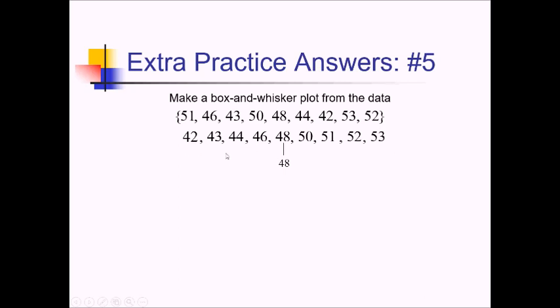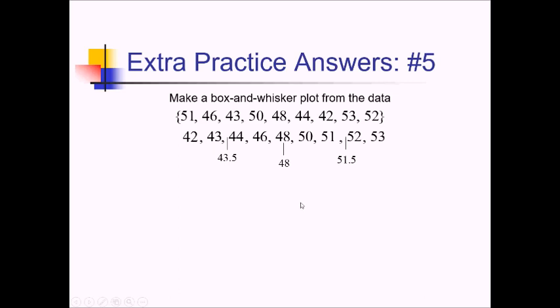That's going to rely on these middle 2 numbers, 43 and 44. Since there are 2 numbers, to get the median we have to take the mean of the 2 numbers. So that's 43.5. We'll do the same thing over here on the right. We have these 2 middle numbers, 51 and 52. Halfway between those, we have 51.5.